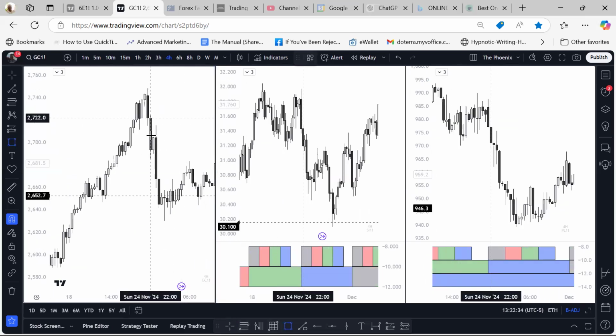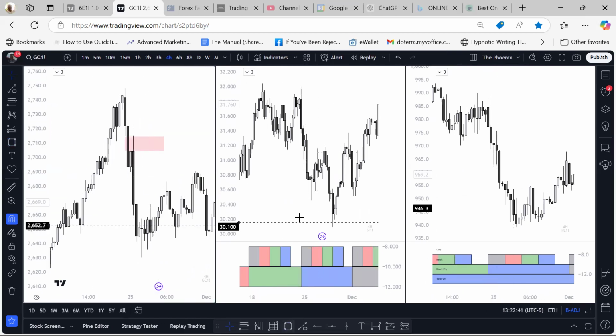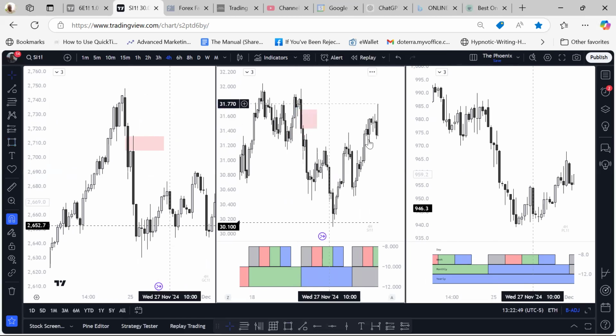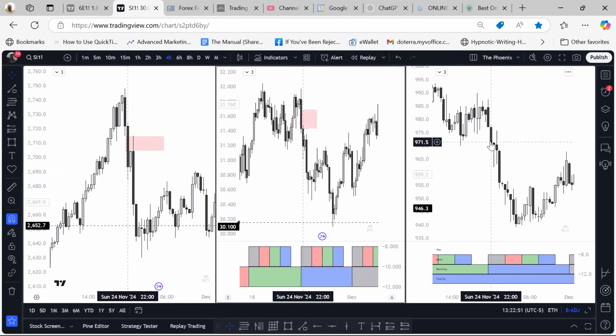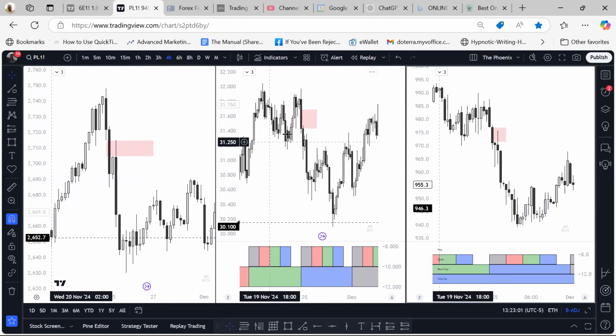Similar here. You can look for a cracking correlation. Let's see if we see any. Same price action, same time, fair value gap. Same thing here. Fair value gap formed at the same time. You want to be matching the time across assets, because that's where you're going to see the cracking correlation.